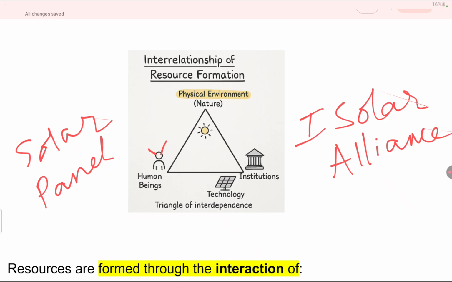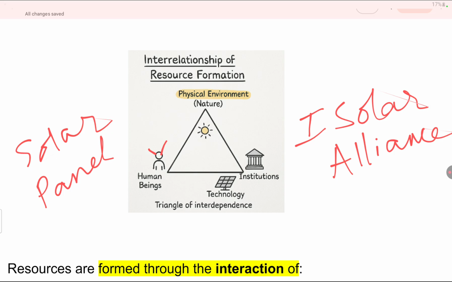Interrelationship exists, as we can see in the case of the sun. We have seen the sun as a source of energy, but we didn't think that the sun can produce electrical energy. But with human intervention, we can develop solar panels which have the ability to transform solar energy into electrical energy.